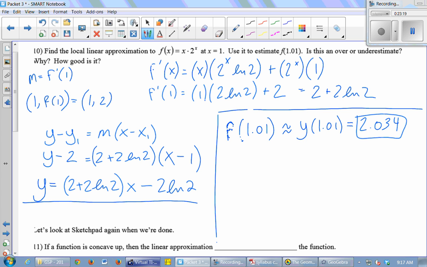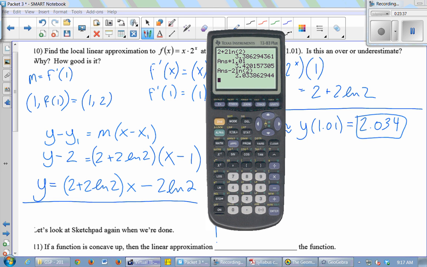Is it an overestimate or an underestimate? Under? How do you know? How could we find out? Evaluate the original. Yeah. So I want to do 1.01 times 2 to the 1.01. There we go.